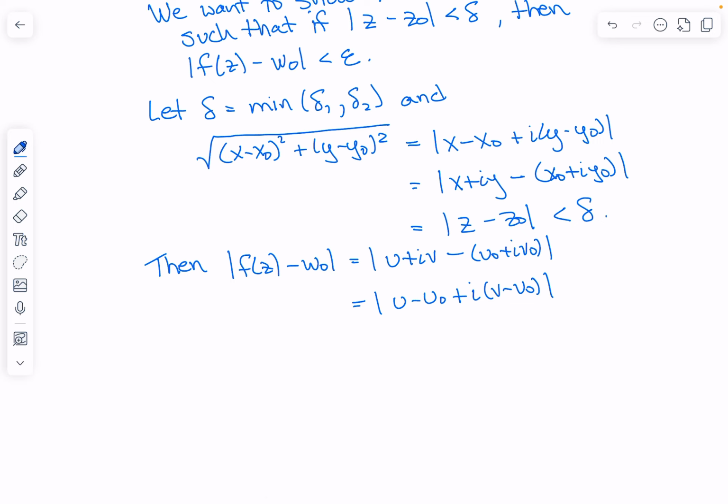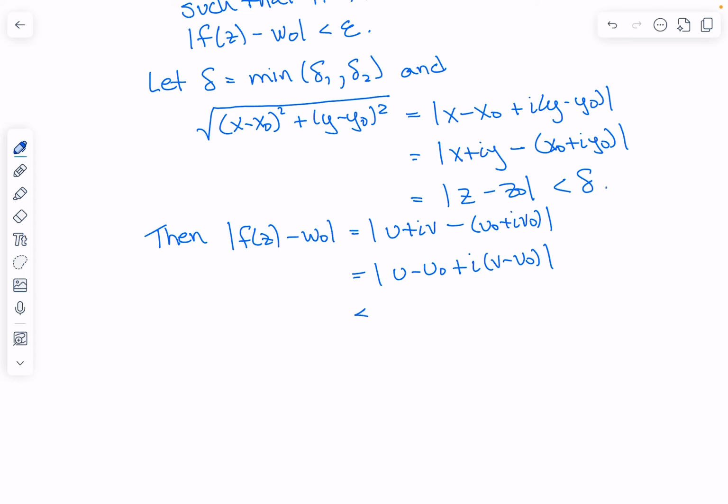And I know from the triangle inequality that this is less than or equal to the modulus of u minus u0, plus the length of v minus v0. And because x and y are close to x0 and y0, I've established that the first piece is less than epsilon over 2, and the second piece is also less than epsilon over 2, and that is in fact epsilon.